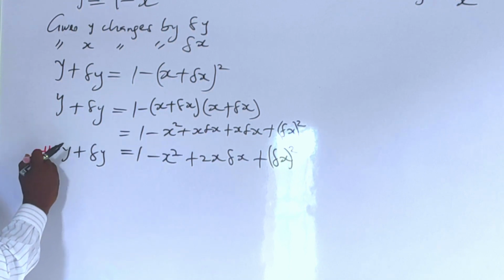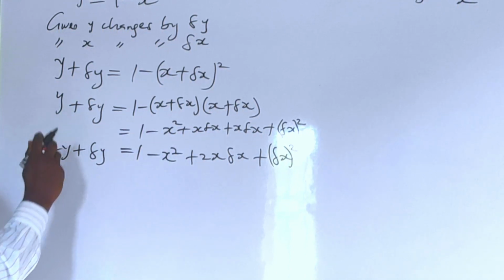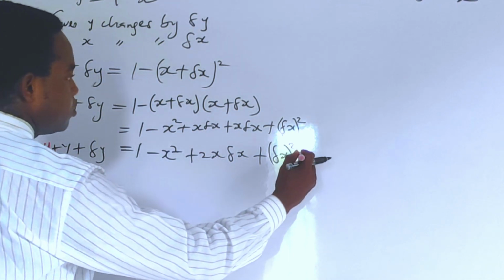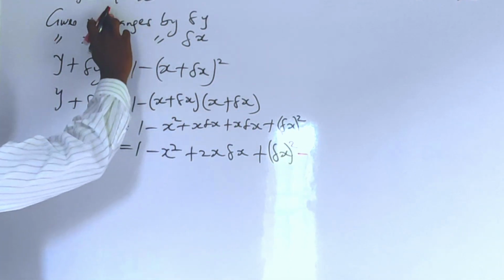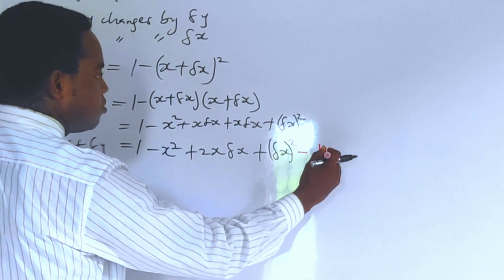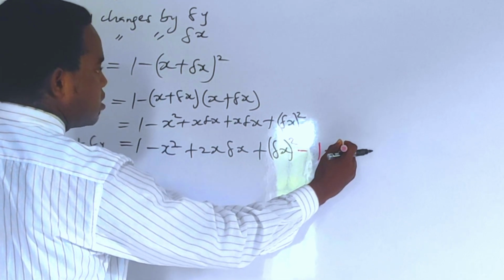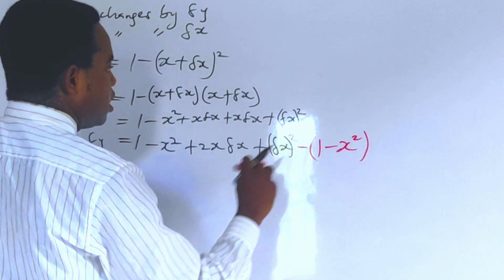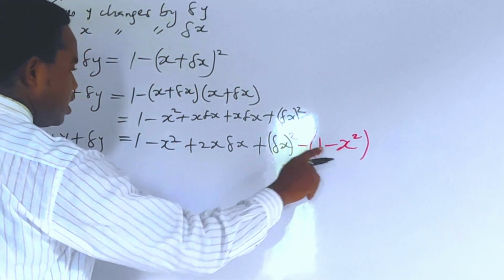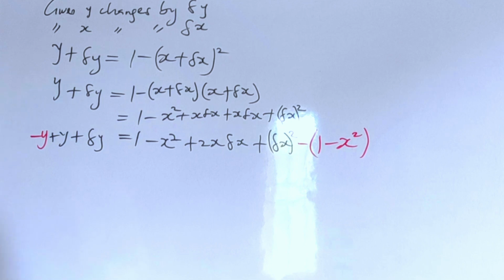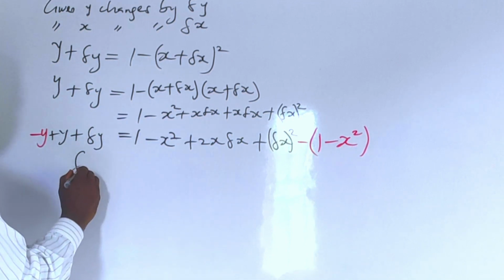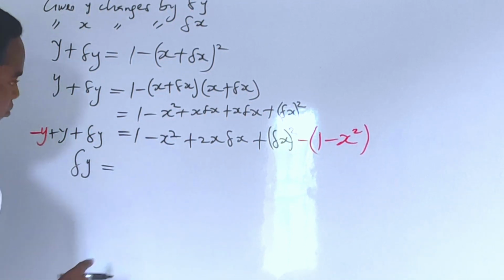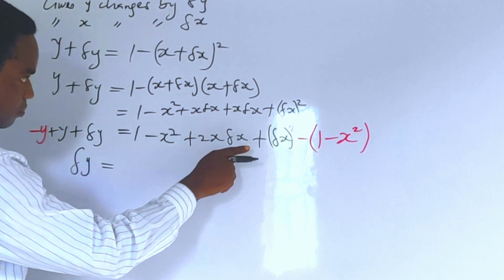Okay, so at this point let us go on and subtract y from both sides. But on the right hand side we have y in terms of x, right? So we're going to be writing minus 1 minus x raised to power 2, because we have x terms on the right hand side and y terms on the left hand side. So let us go on and carry out that. So we have delta y on the left hand side. Now we can put this together.